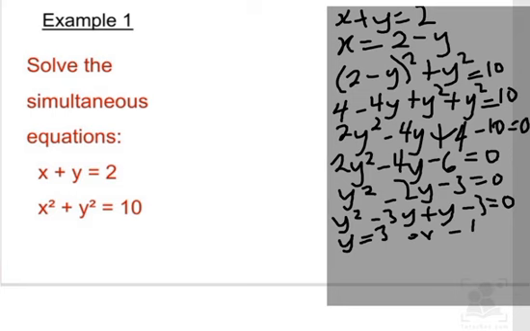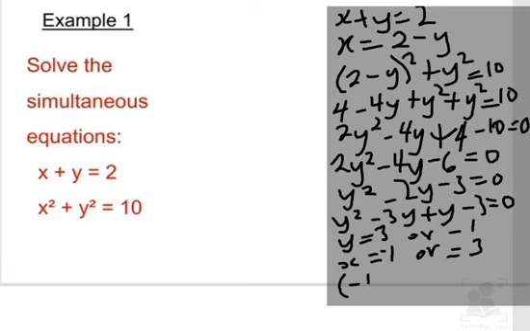Automatically, if I substitute to find the values of x, I'm going to have x equal to minus 1 when y equals 3, and then x will be equal to 3 when y is equal to minus 1. So finally, I write my answers in coordinate pairs.